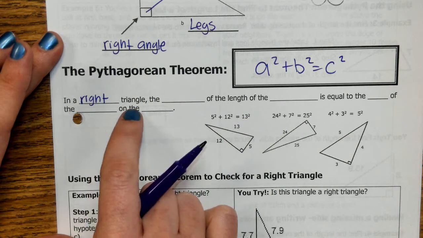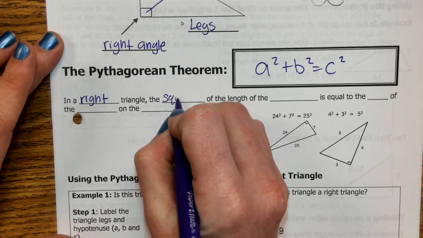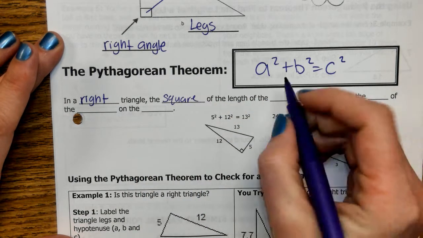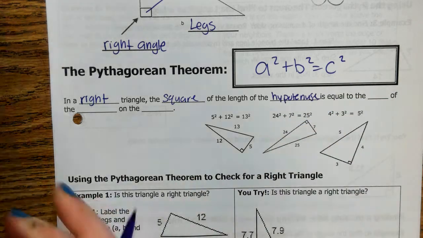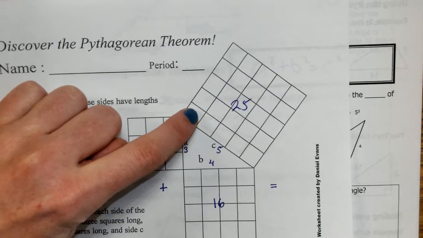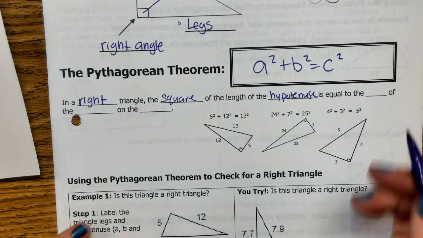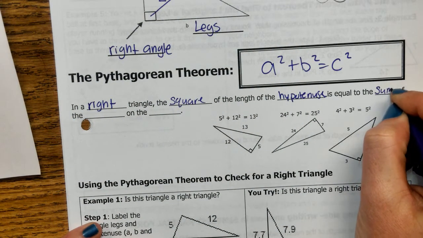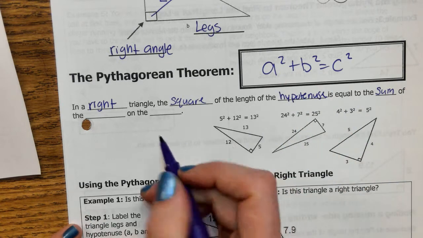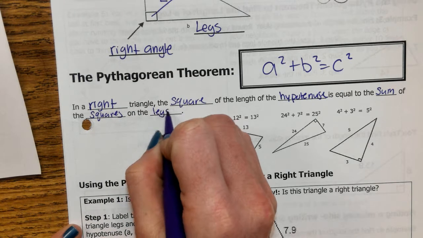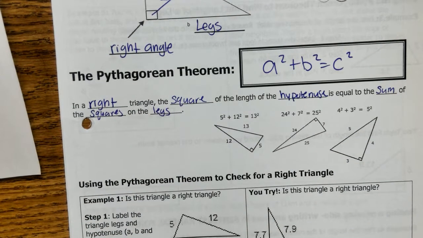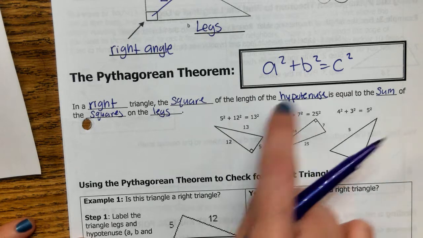So, in a right triangle, the square of the length of the hypotenuse, the square that you draw on that side, is equal to the sum of the squares on the legs. That's very wordy and very confusing, but that's how you would translate this.